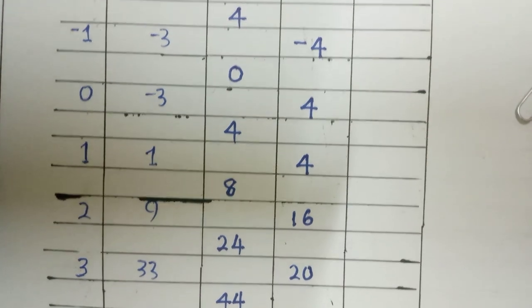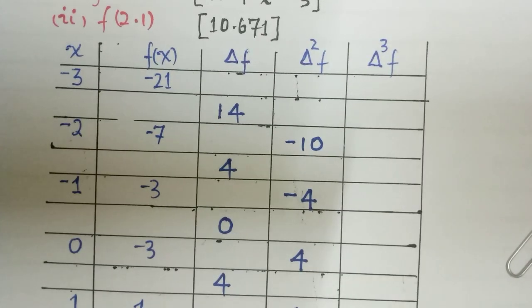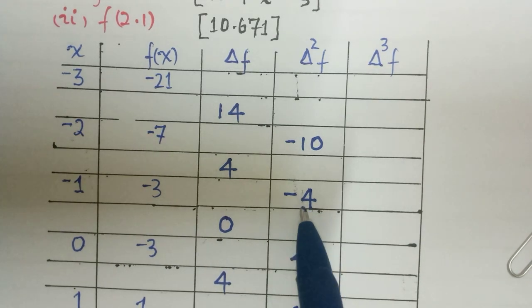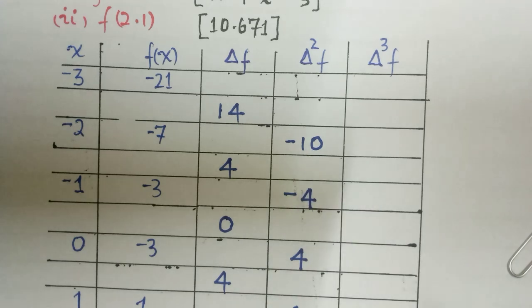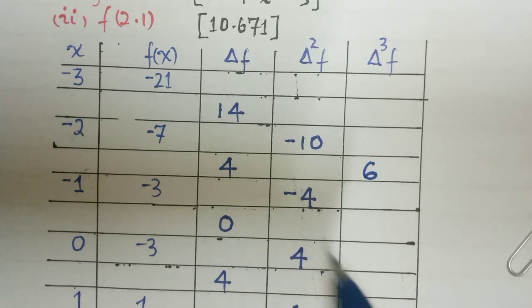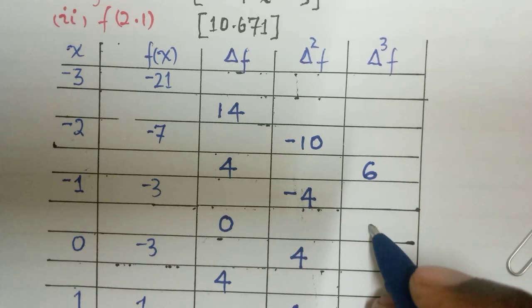So guys, that is how we now deal with the second difference. Coming to the third difference, which is our last difference, we still do the same. Minus 4 minus minus 10. That gives us 6 for that. We come to this one. 4 minus minus 4. That one gives us 8.